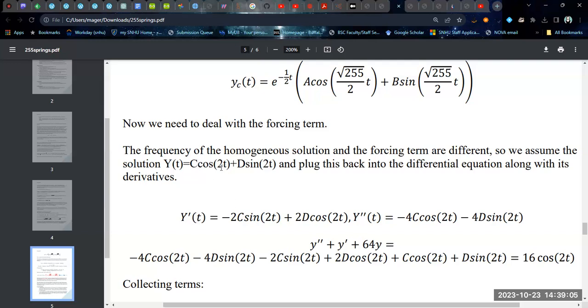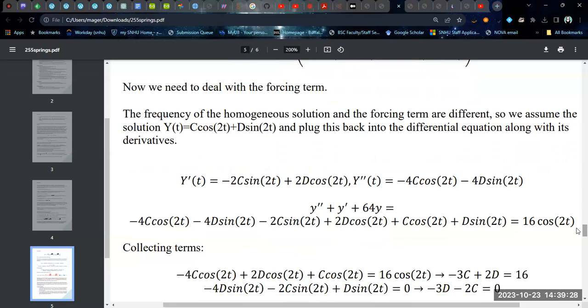The first derivative: a 2 comes out, change the sign, -2c sine 2t, and then 2d cosine 2t. Take the second derivative: another 2 comes out, this turns sine into cosine, and then another 2 comes out, and cosine turns into negative sine. And then we plug these and the original y into our equation.